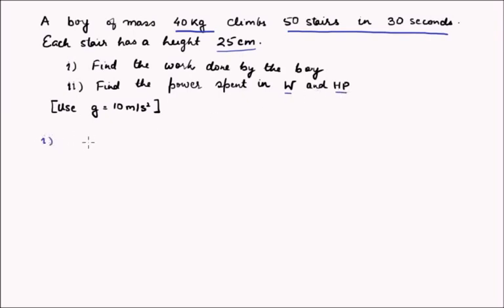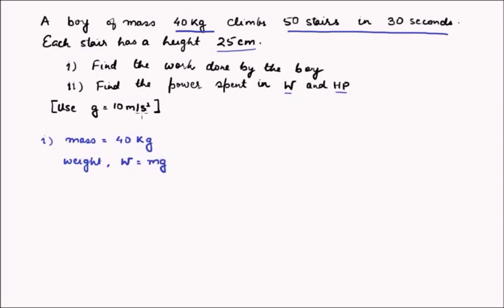First, the mass is 40 kg, so the weight of the boy, W, is equal to m times g. G is given as 10 meter per second square.